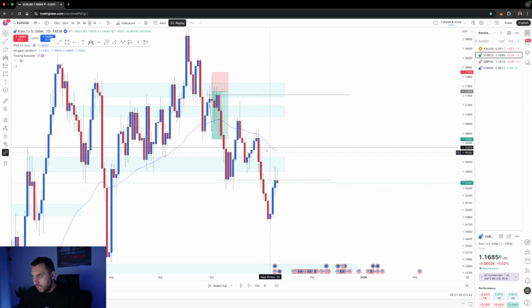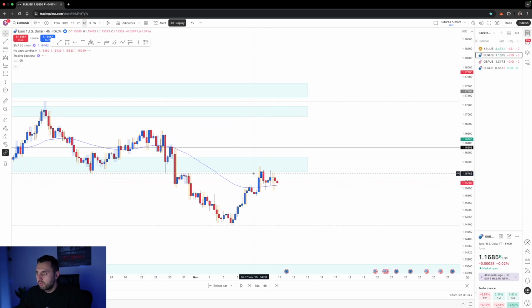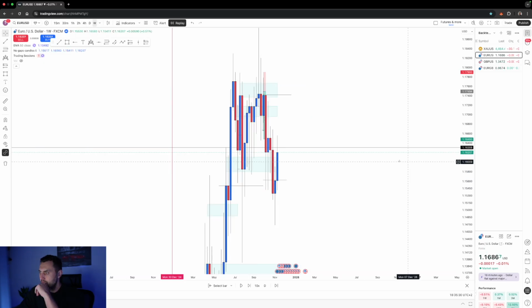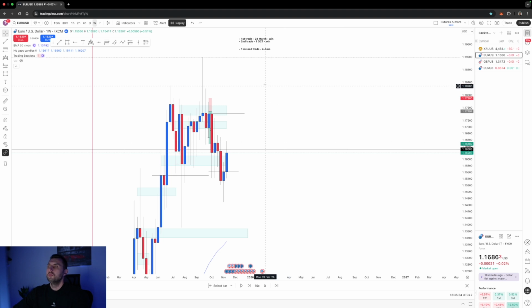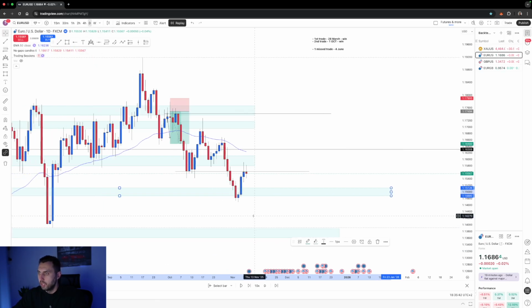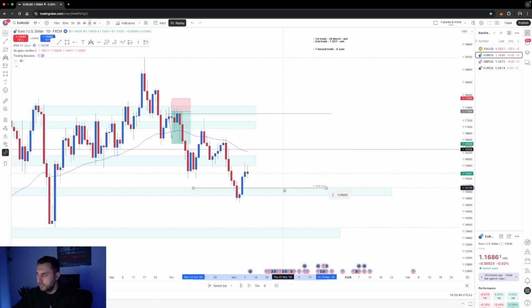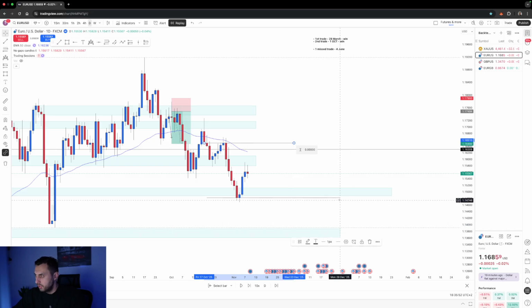Let's see here. We have the bearish move here. 4 hour is bearish, of course. Now the price on the weekly, it seems that it created a higher low, but daily is bearish, as we can see. So it's a bit messy.